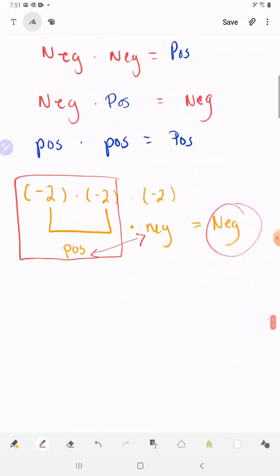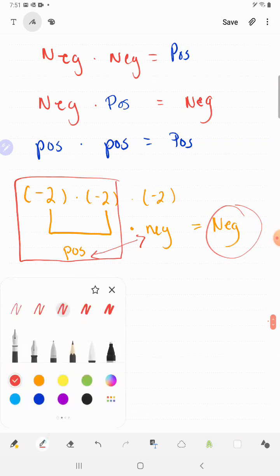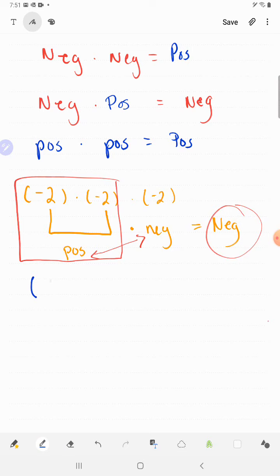So keeping along this idea, if I was to say -6 raised to the 4th power, what I'm saying is -6 times -6 times -6 times -6.